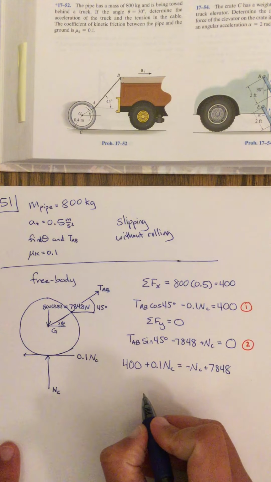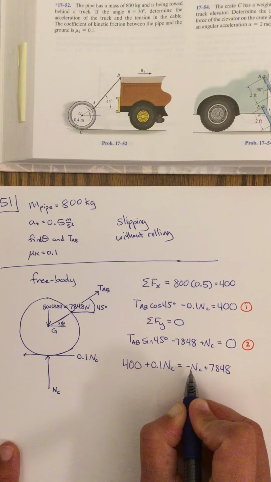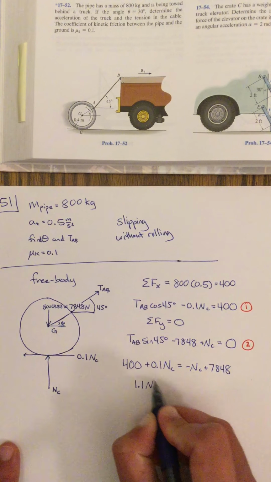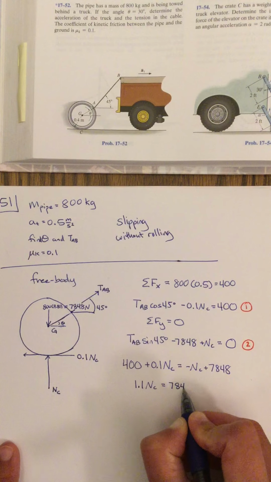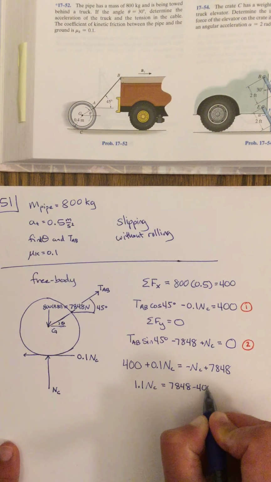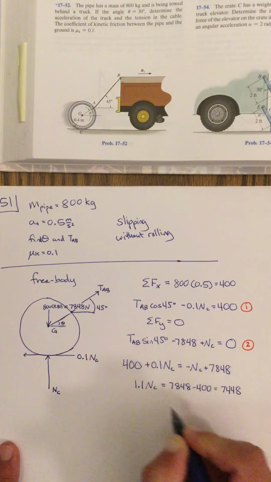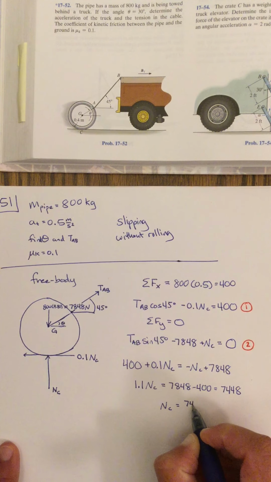And then I can bring this over to the left-hand side, and that would be 1 N_C plus 0.1 N_C, so that's 1.1 times N_C, and bring the 400 over to the other side. So that's 7,848 minus 400, which is 7,448, and then take that and divide it by 1.1.